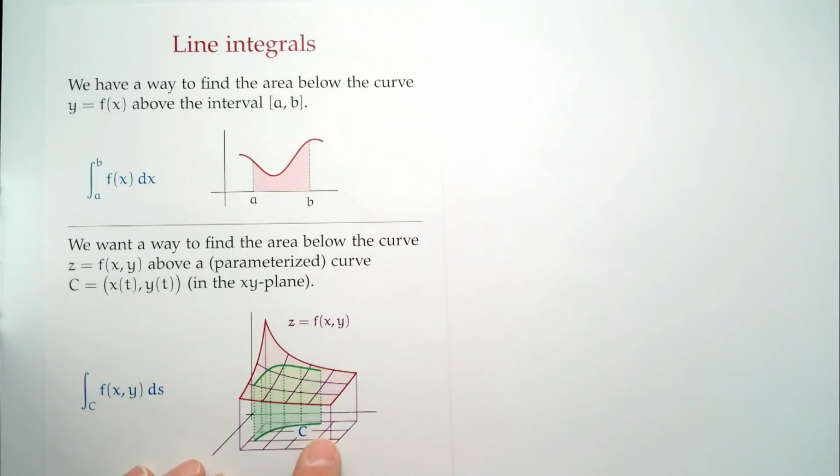It's at the bottom, following some path. And what's on top? Well, the height now depends on where you're at on your curve. So the height, which is your z, is a function of x and y. I want to know the height of this surface, but only on the part that's over the curve.